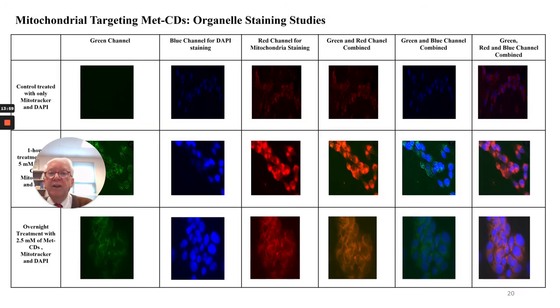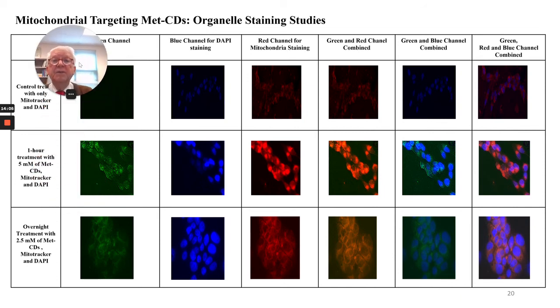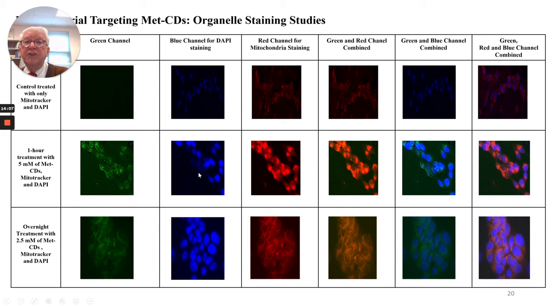So we can apply it with the cell structure, and just in the middle, when we look at the red channel for mitochondria staining. In the control, we don't see much of the mitochondria, but after 1 hour of treatment with 5 millimolar of met carbon dots, we can see, using also DAPI, the mitochondria very well demonstrated.